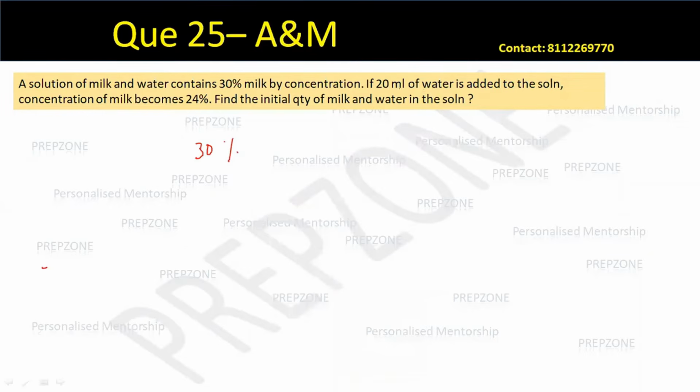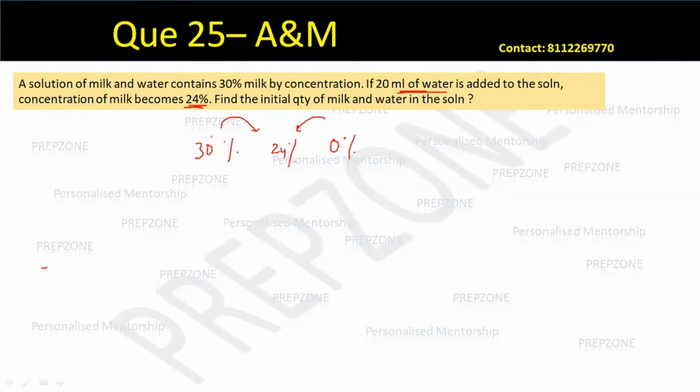If you add 20 ml of water into it, it has 0% concentration, because concentration means how much percent milk is in it, what is the contribution of milk. If it is pure water, it has absolutely no milk in it, so it is 0% concentration. Essentially you're adding these two quantities, and the final concentration comes out to be 24%.